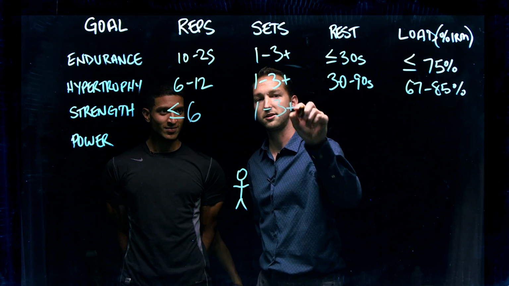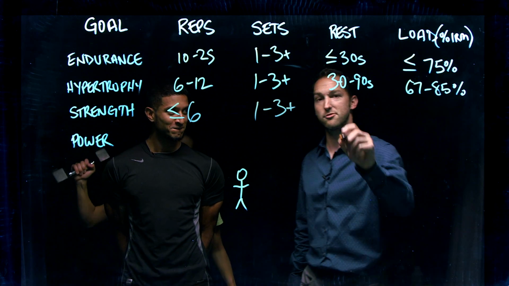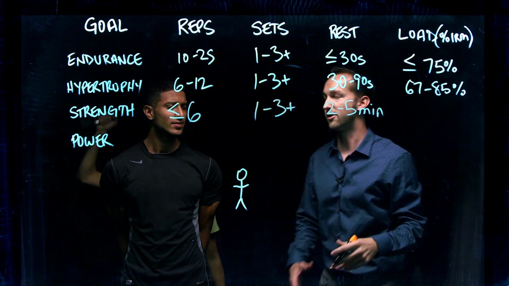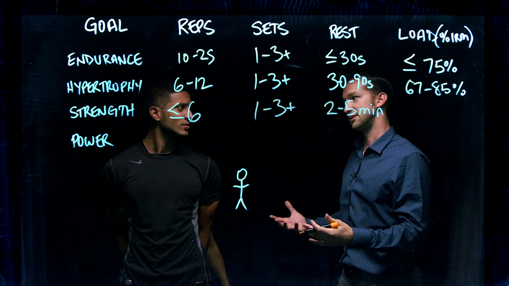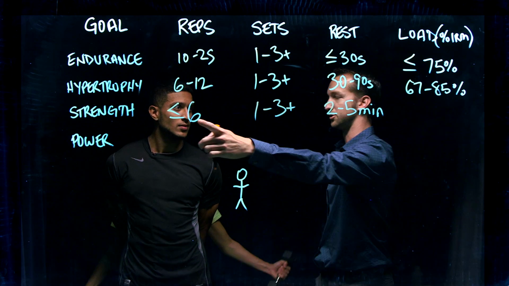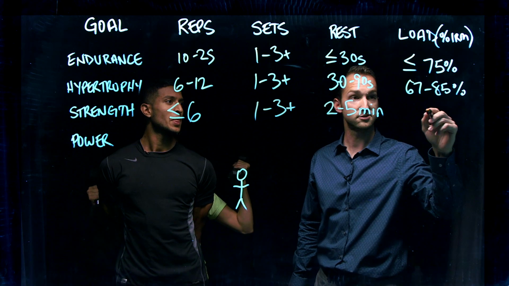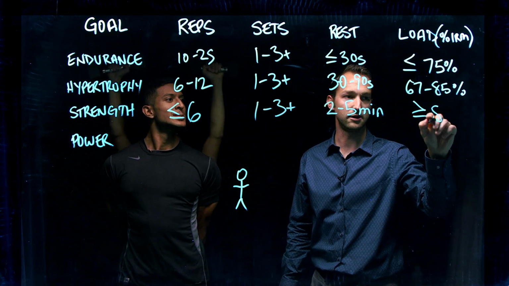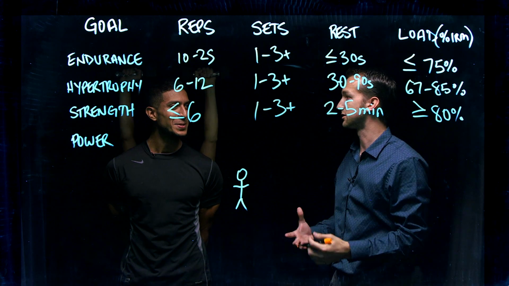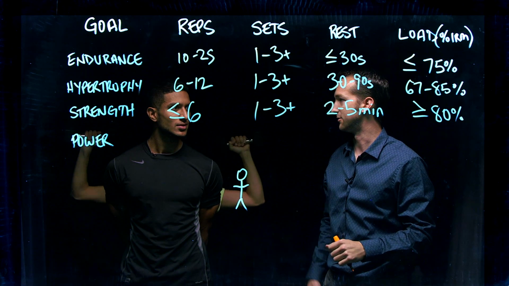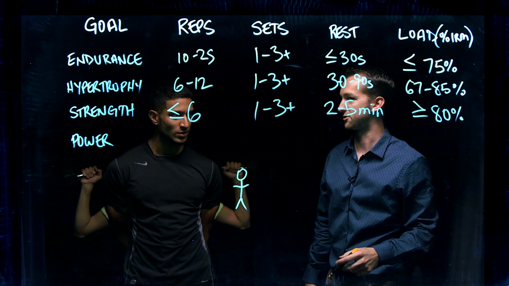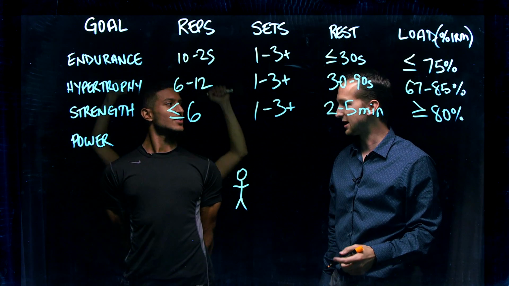Again, that 1 to 3 number of sets, but my rest is significantly going to change, to anywhere from 2 to 5 minutes. That seems a lot longer. It is a lot longer because we're going to be lifting a lot more load. We're doing less reps, but because my range is going to be greater than 80% of my max, my body's going to require that amount of time to recover so that I'm able to do it again the second and possibly the third set as fresh as possible from the beginning of the set.